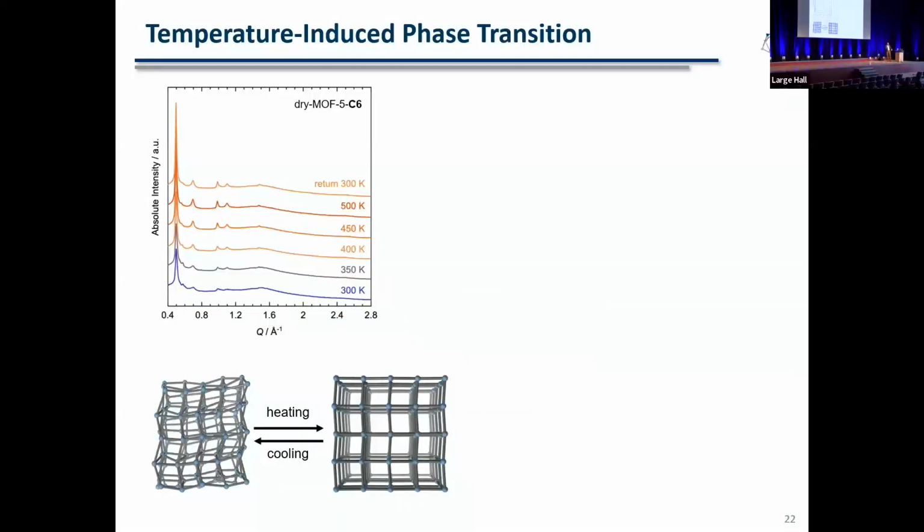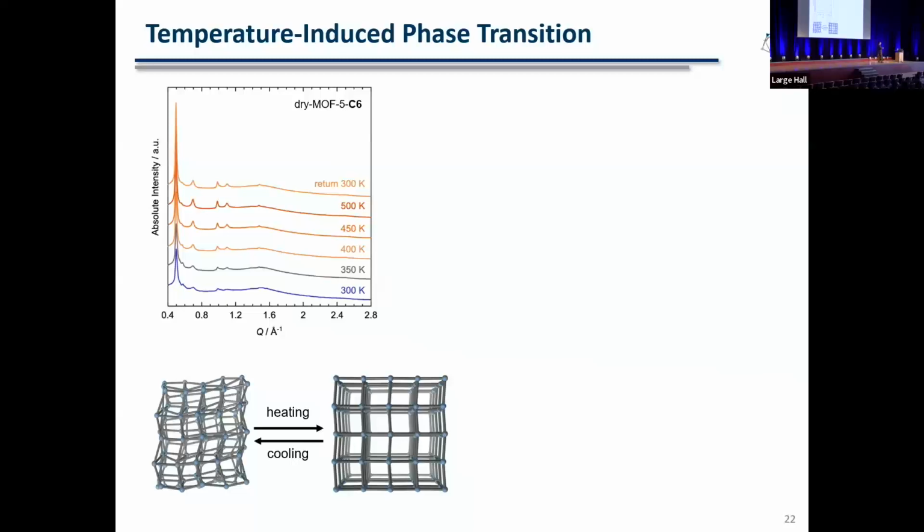Interestingly, a similar thing also works for the non-crystalline borderline case, the C6 one, where you have these broad diffraction features. And when you heat this material up, the Bragg peaks actually get more intense. That is very unusual.